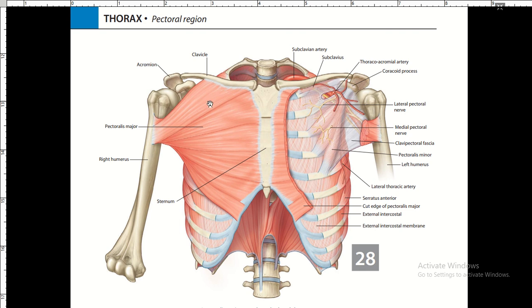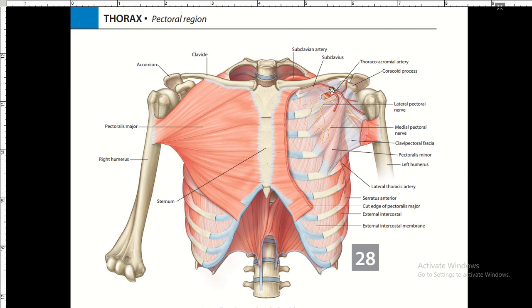So you can see here at the mid-clavicular line, the first structure, you're going to pierce the skin, you pierce the superficial fascia, and then you're going to meet the pec major, and then you reflect the pec major, and then you're going to pierce the clavipectoral fascia, and then you're going to pierce the pectoralis minor, right?